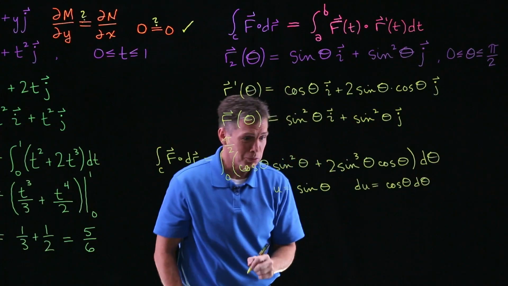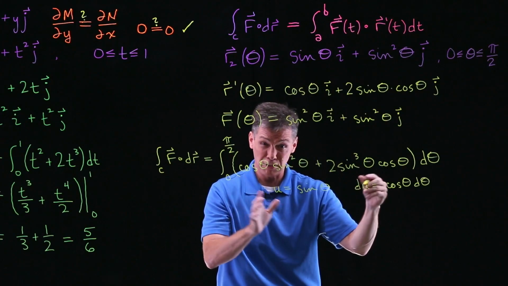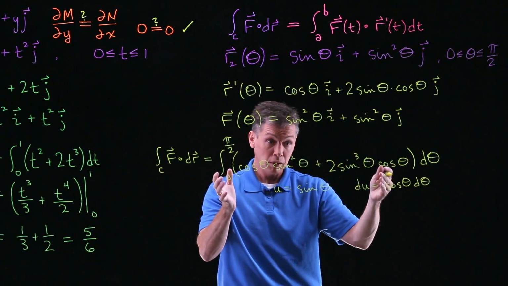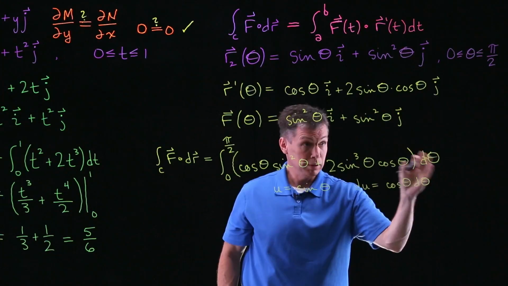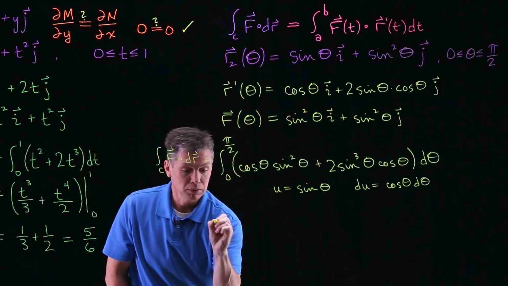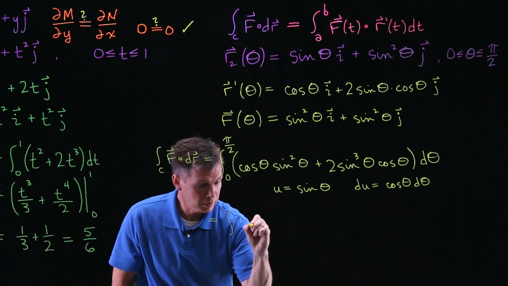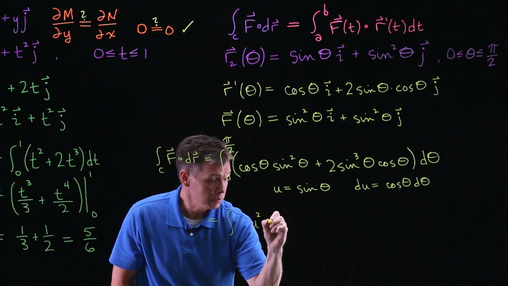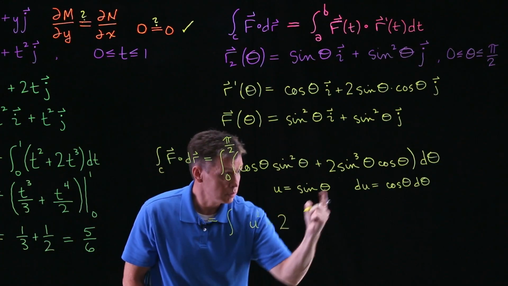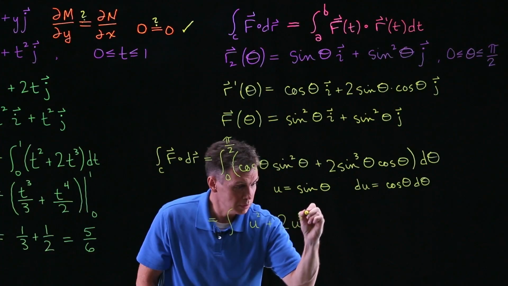The reason why that's so cool is because this cosine and this cosine, you can imagine factoring out of the parentheses, pair it with the d theta, it's all going to dissolve into the du. And so what you're looking at is the integral of u squared plus 2u cubed du.